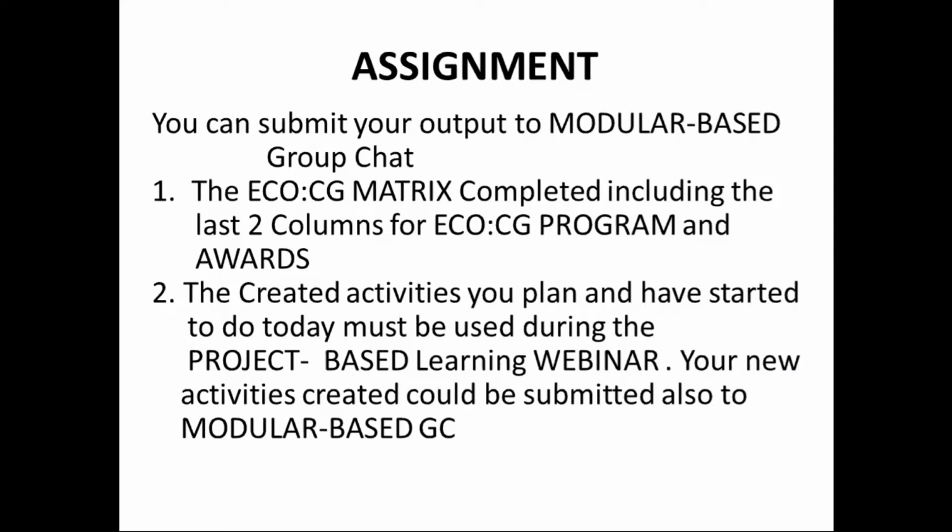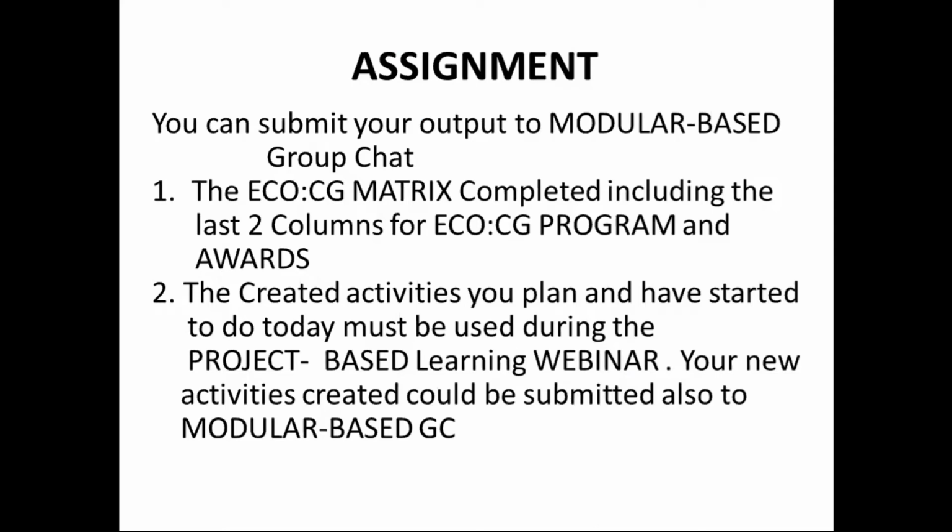So by tomorrow, you can already answer the EcoCG program column, the last two columns. You are going to match those columns with the previous lessons that you have in the module. The created activities you plan and have started to do today must be used during the project-based learning webinar.